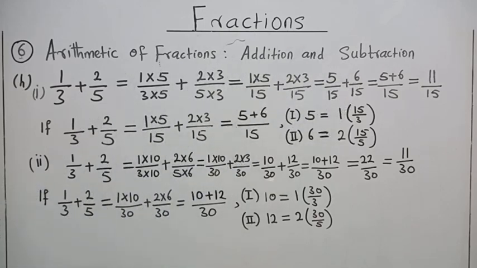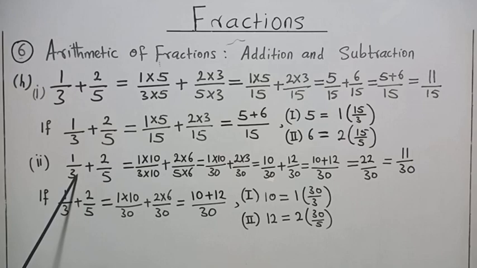Likewise, since 3 and 5 can still possess other common multiples apart from 15, I choose to use 30 as the common multiple for 3 and 5 to repeat the same process here. I want now to convert this 1 over 3 to a fraction with something over 30. So how do I convert this 3 to 30 first?